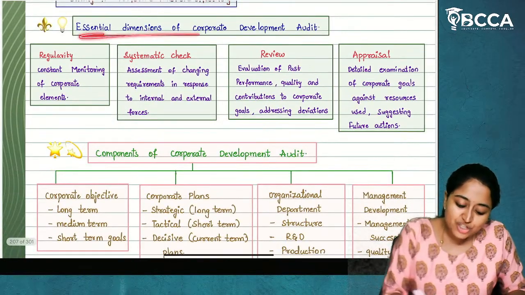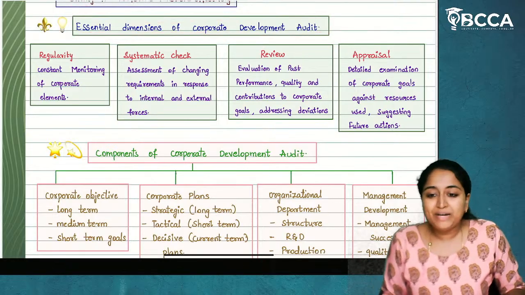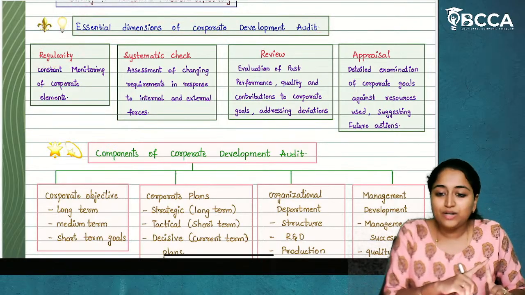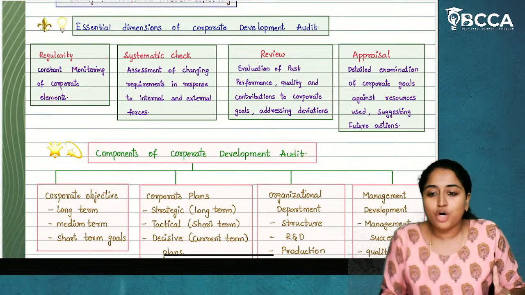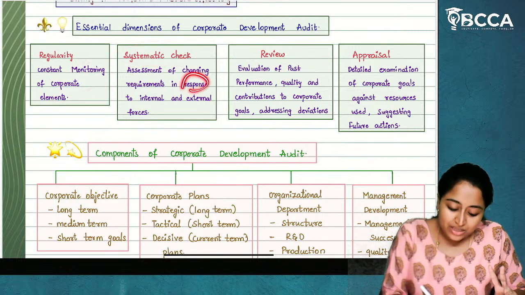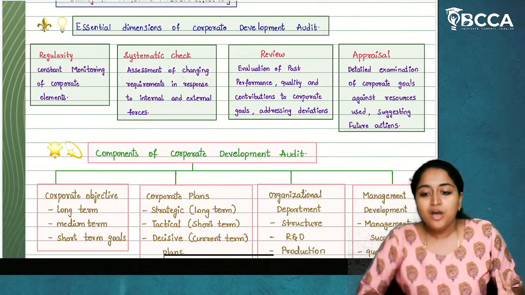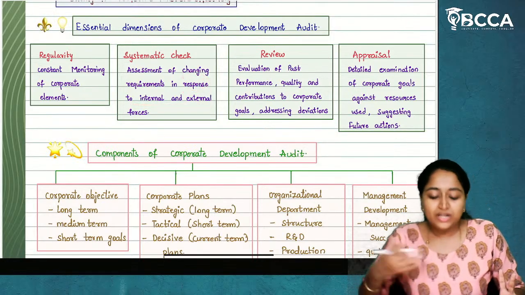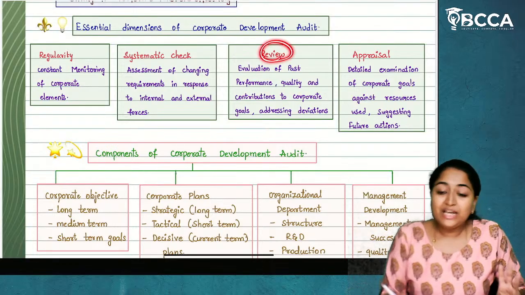What are the essential dimensions of corporate development audit? First is regularity, which means constant monitoring of corporate elements should be there. Then systematic check. Always check the response to internal and external forces, how it is changing regarding them. Then review.